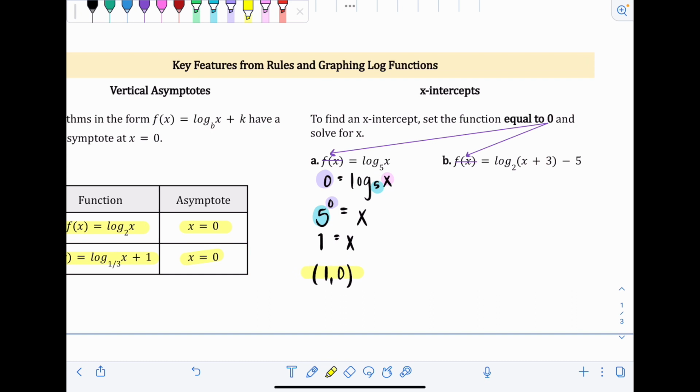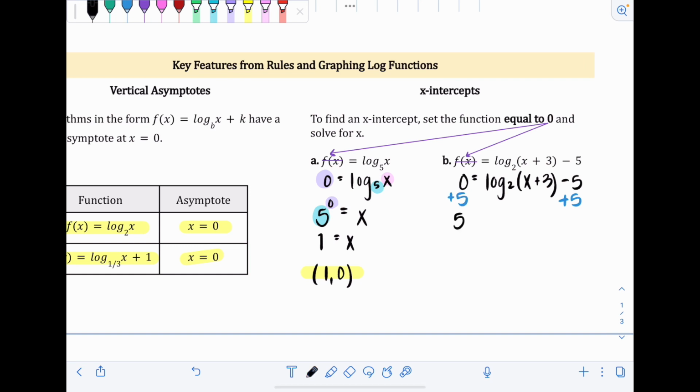And then for b, same start, I would put 0 in for f of x: 0 equals log base 2 of (x plus 3) minus 5. For this one, I'm not going to rewrite it. I'm going to cancel out the logarithm by exponentiating. So before I do that, I want to get the log by itself. So I'd have to cancel out that minus 5 by adding 5 to both sides.